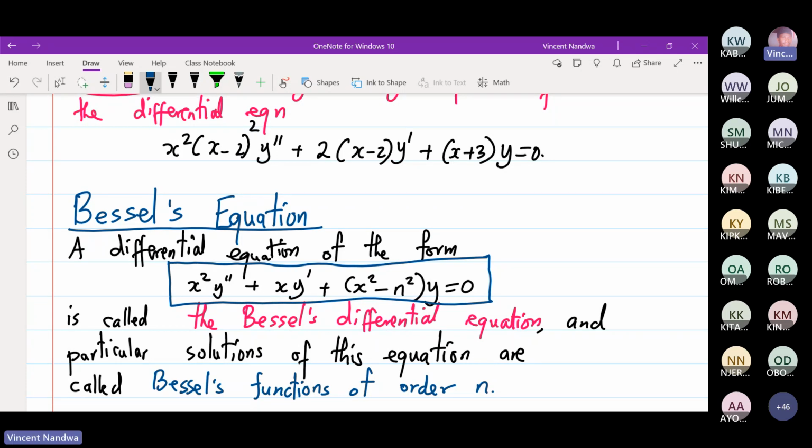So I'll not go into the nitty-gritties of the step-by-step process on how to find the general solution of this equation. Let me call it star. If you have time, you can always check how the solution is obtained.